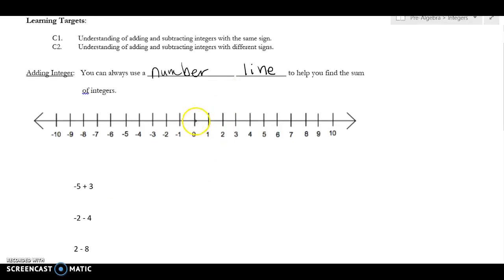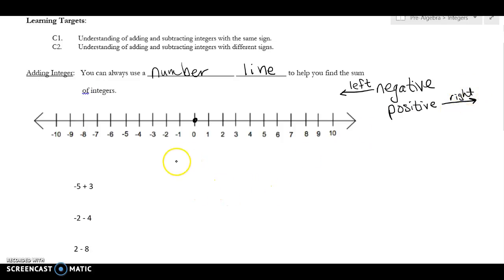So I always start at 0, okay? And for this first problem, if I have a negative number, I'm going to go to the left. And if I have a positive number, my positive direction is to the right.